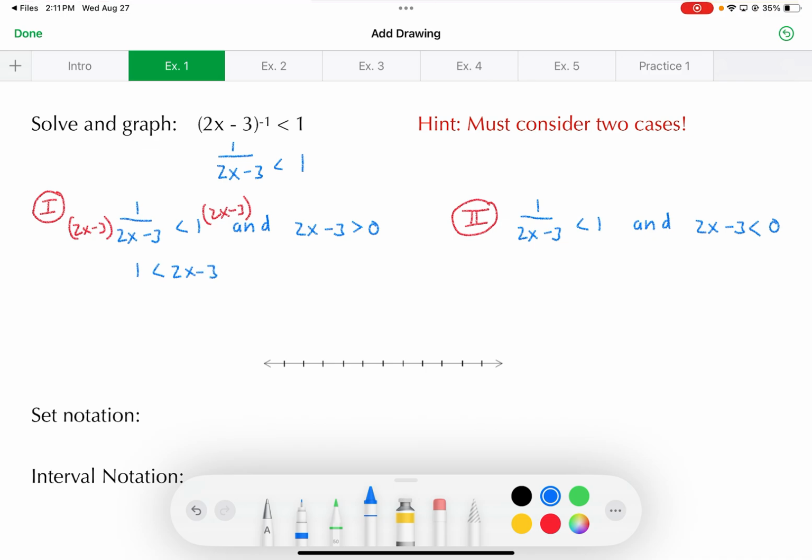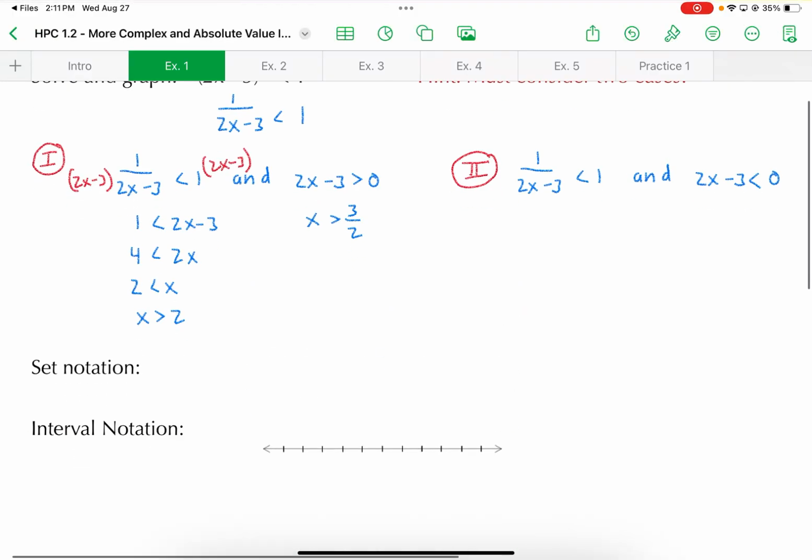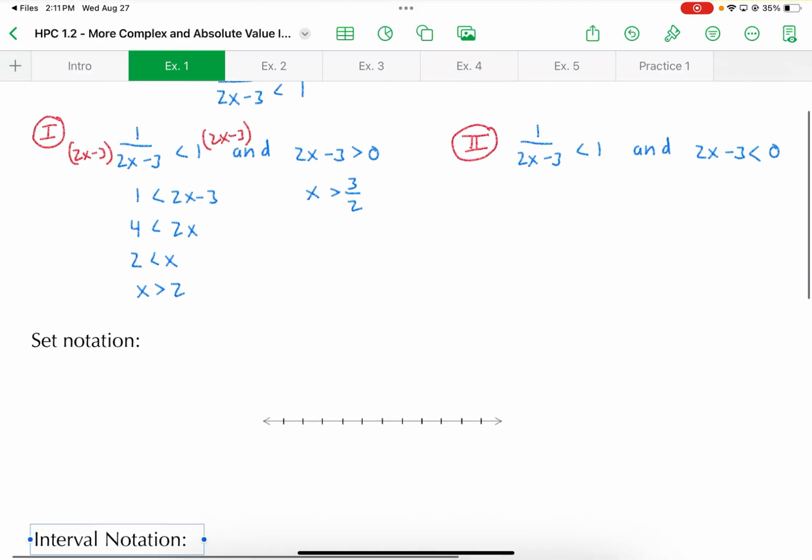Let's finish solving that. 4 is less than 2x. Or 2 is less than x. And if it's helpful, you can flip that, right? You can say x is greater than 2. And then solve the other half of this. X will be greater than 3/2, right? Now, move that down. We need some more room here.